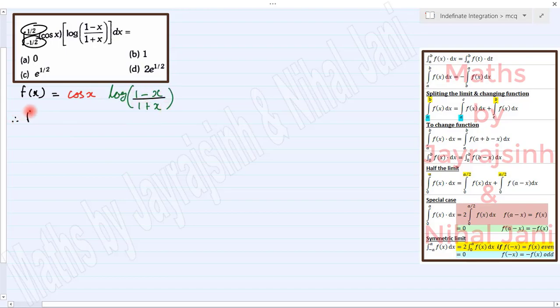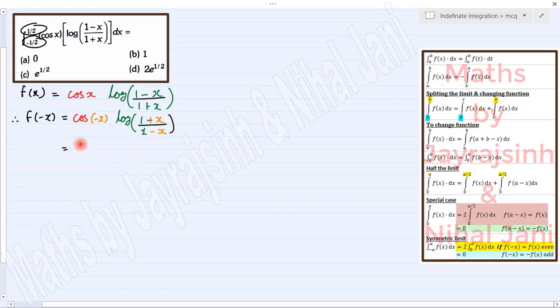Now, let's try to get f of minus x. We have to replace x by minus x. So we will get cos of minus x and log of (1 minus minus x), or we can say 1 plus x, upon (1 plus minus x), or we can say 1 minus x.